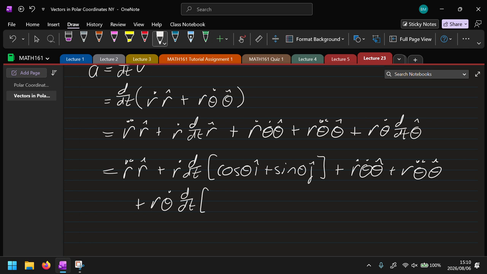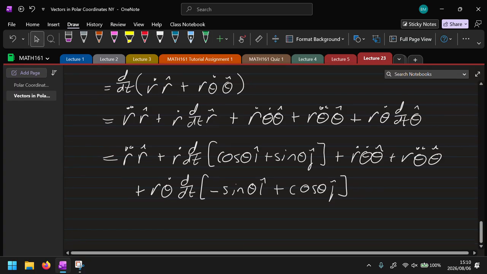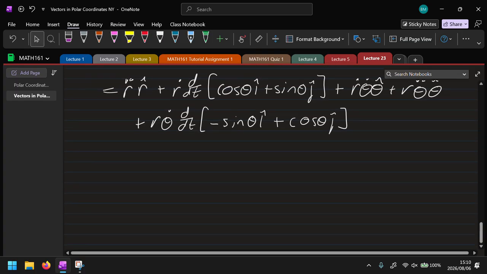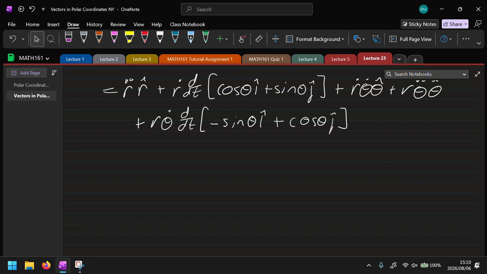And then the theta hat, we calculated that just before. And that was all of them. So we've got these two derivatives to do. Then we're just going to collect some like terms, and then we'll be done.